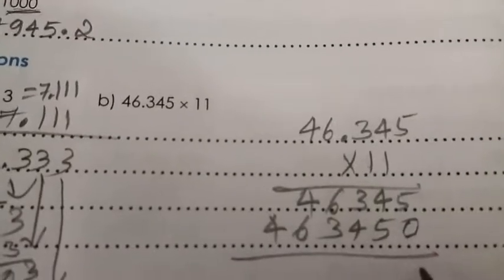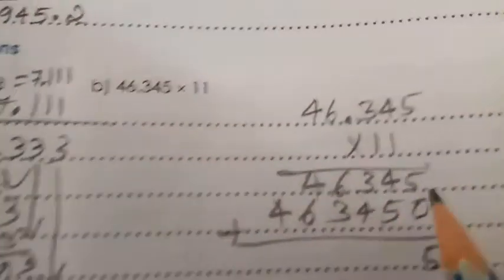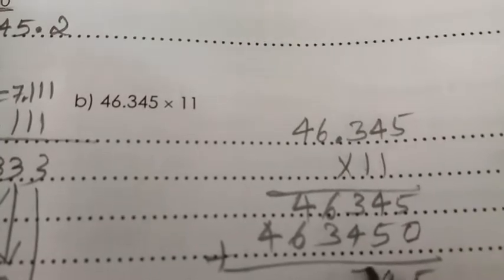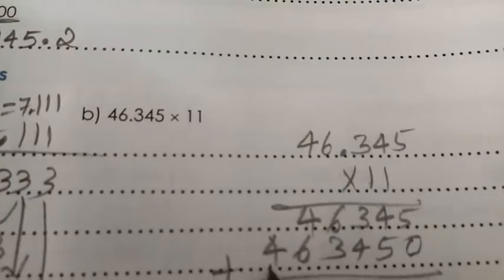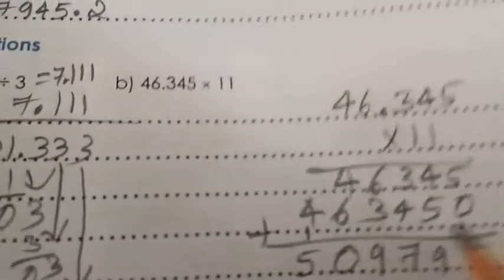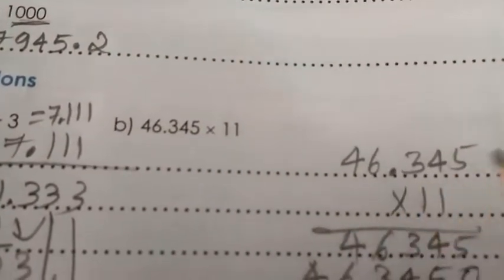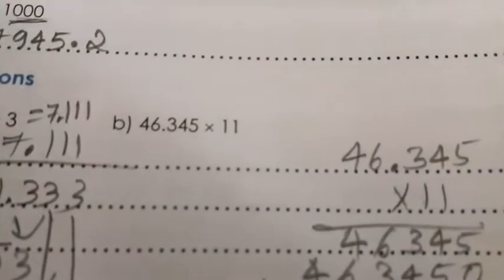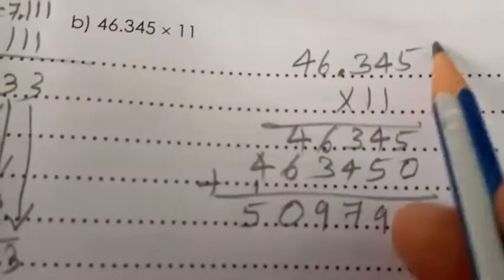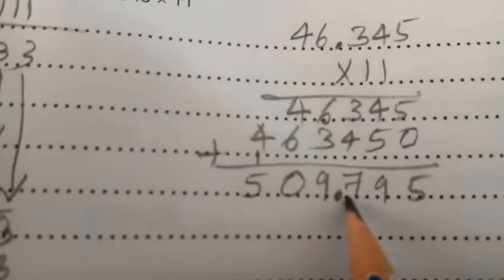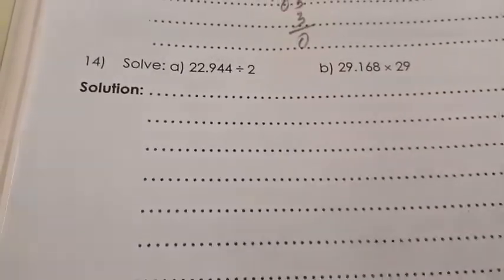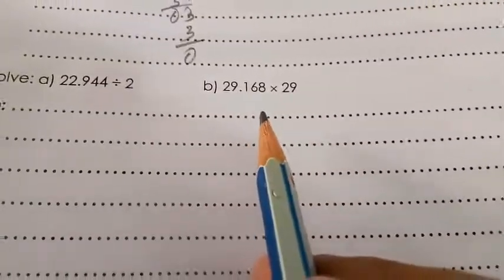So add it: 5 plus 0 is 5, 4 plus 5 is 9, 3 plus 4 is 7, 6 plus 3 is 9, 4 plus 6 is 10, 1 carry, right? 4 plus 1 is 5. Here the decimal point is after 3 digits, so here also after 3 digits: 1, 2, 3. Answer is 509.795.